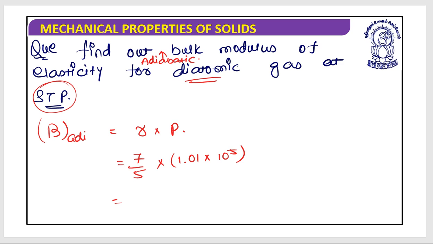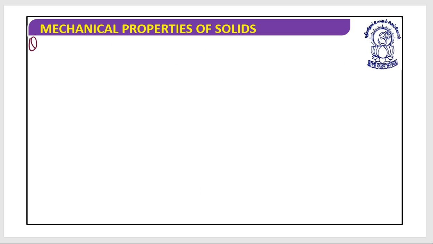So this is equal to 1.4 multiplied by 1.01 into 10 to the power 5 Newton per meter square. I hope this is clear. Are you sure? Great. Now let's work on the next question.